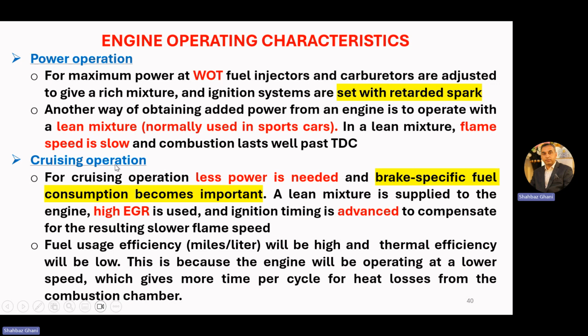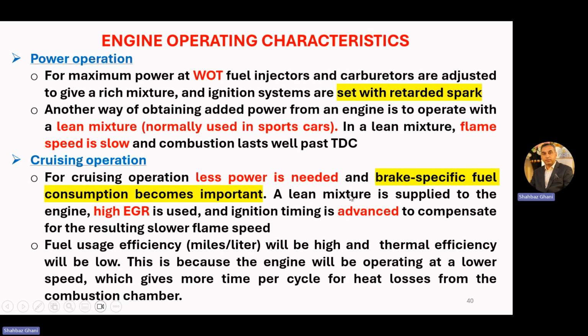Now in cruising operation, what are the engine operating characteristics with respect to combustion? For cruising operation, less power is needed and brake specific fuel consumption becomes important. So in cruise operation, brake specific fuel consumption is important and power is of less importance. A lean mixture is applied to the engine, high EGR, exhaust gas residue, is used, and ignition timing is advanced to compensate for the resulting slower flame speed.